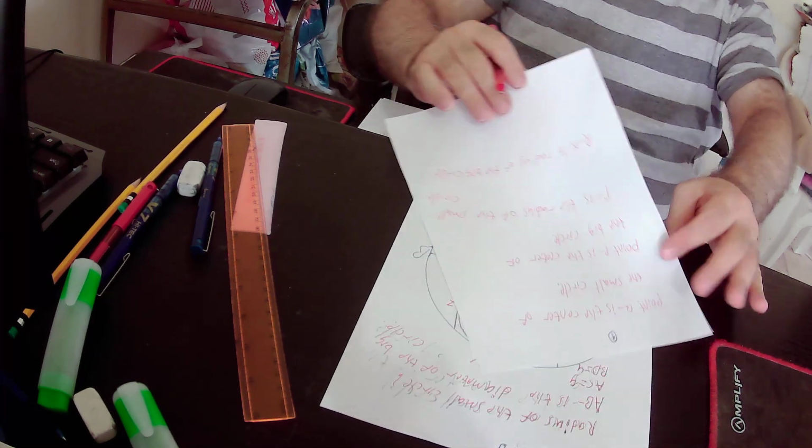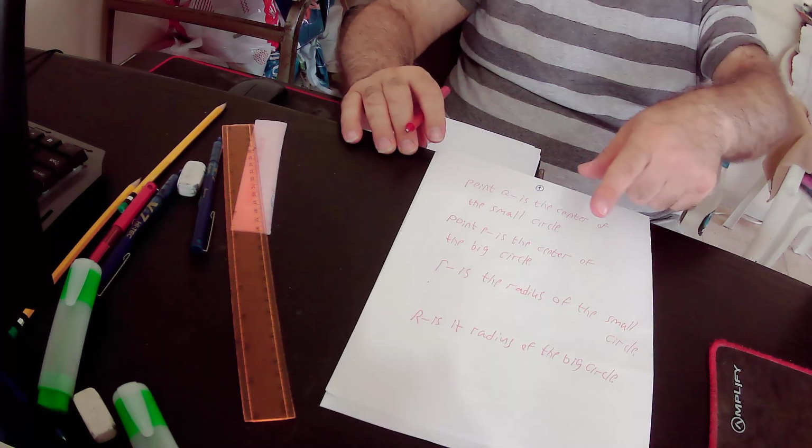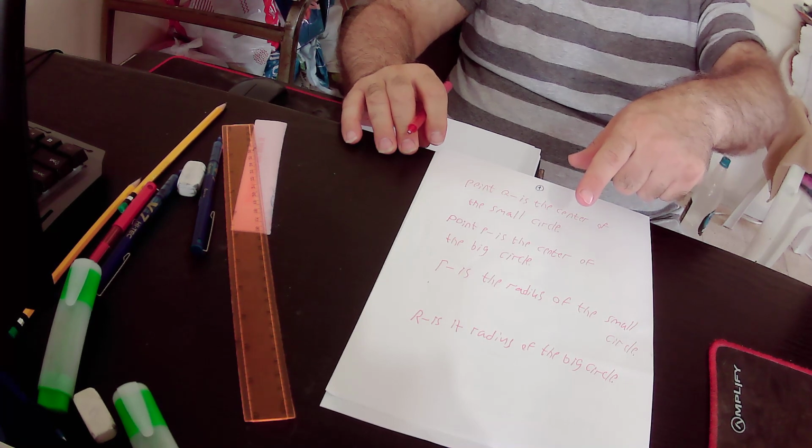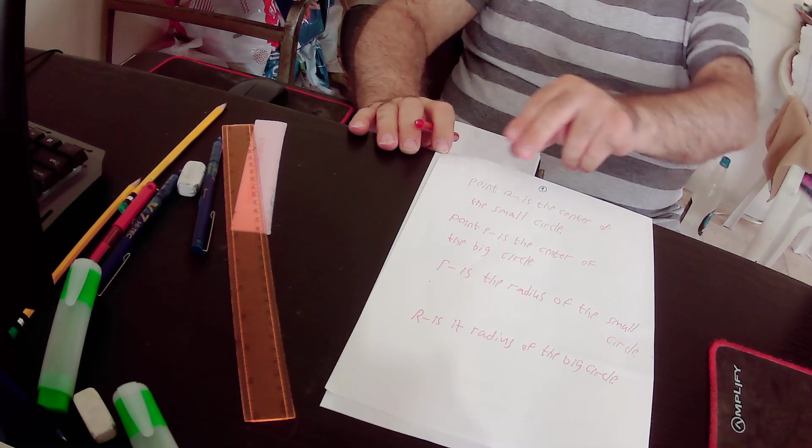So I will read again what I wrote. Small r is the radius of the small circle, and capital R is the radius of the big circle.